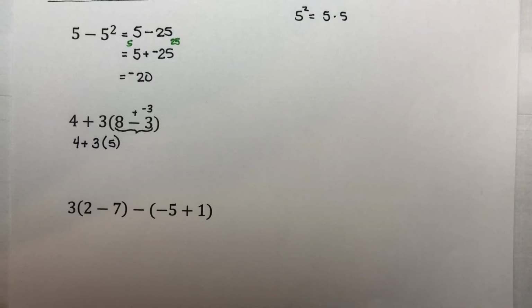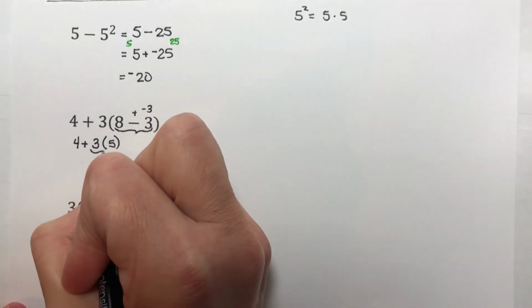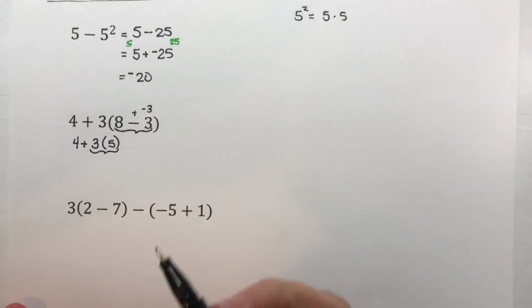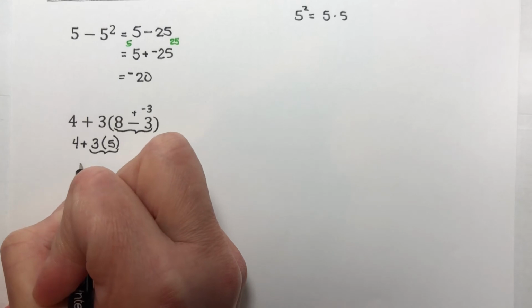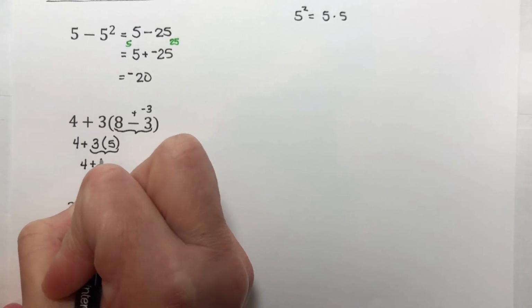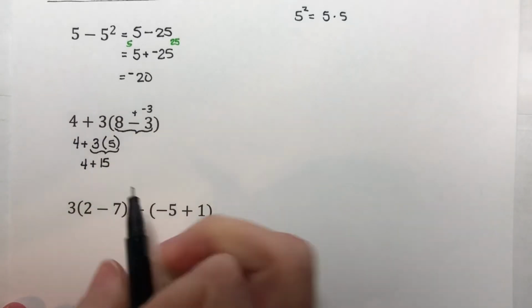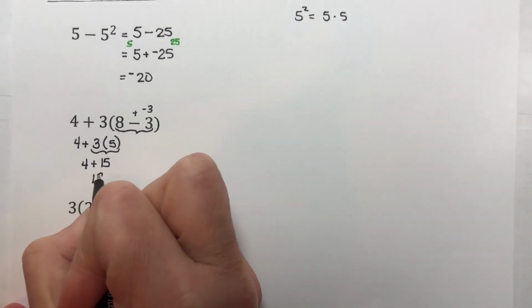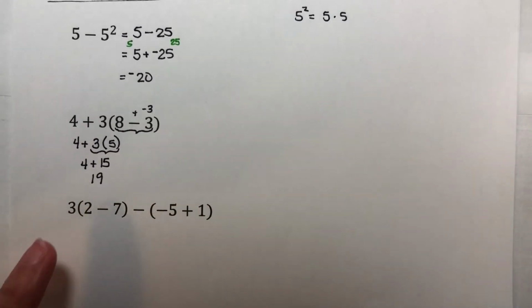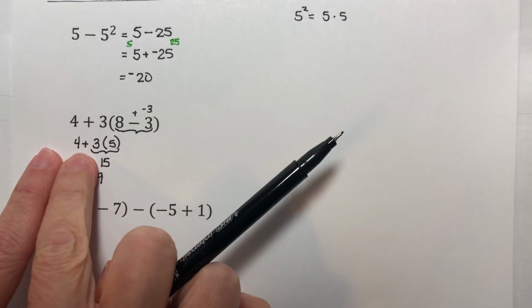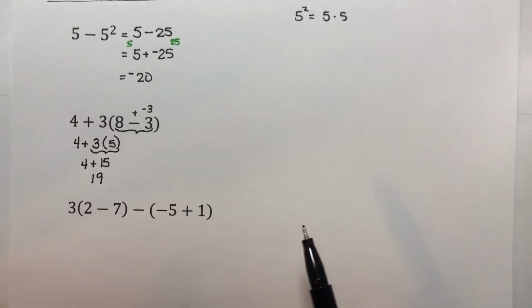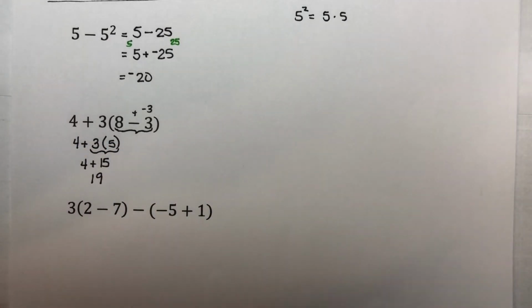And then we have multiplication and division from left to right. Well, this is the only one of those I have, so I need to do 3 times 5, which is 15. So I have 4 plus 15, and then finally 4 plus 15 is 19. If you mess up and you do this addition first, you would have 7 times 5, which is 35, which is not the same thing.